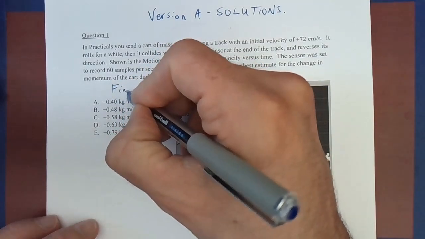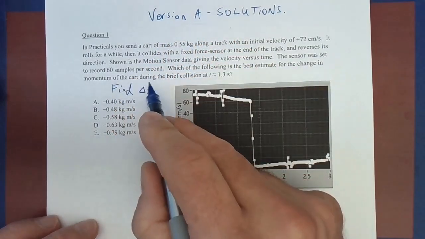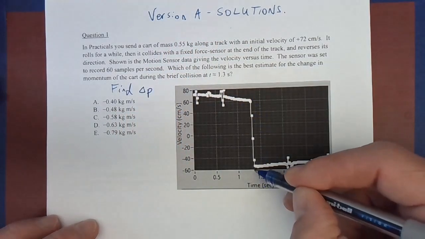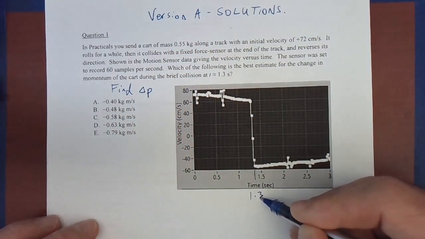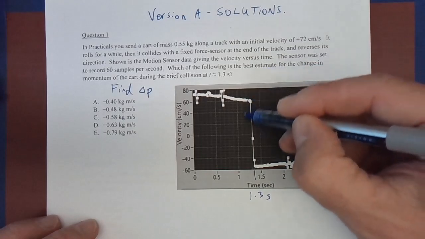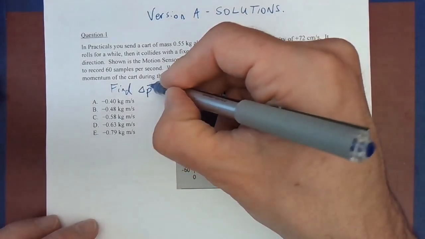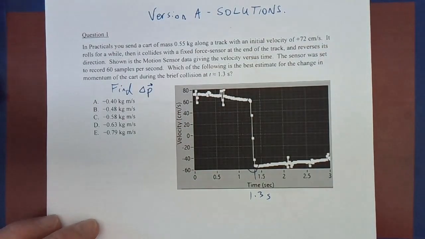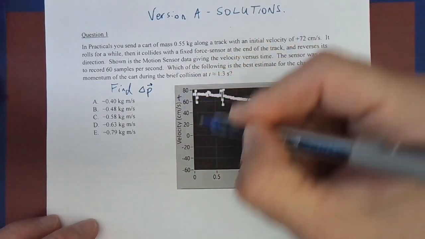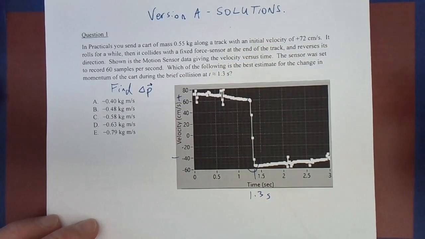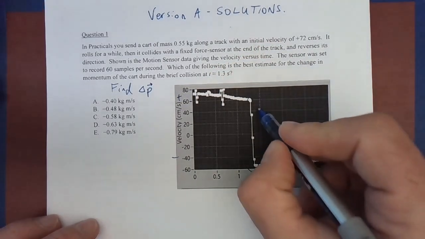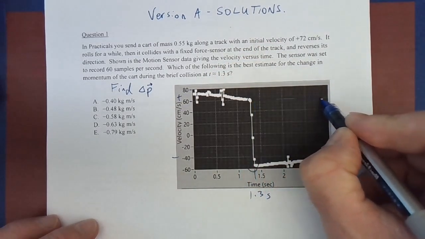So find delta P in the cart during the brief collision at t equals 1.3 seconds. So it's talking about this particular collision and trying to find delta P. And remember, P is a vector. So it starts off positive, goes to negative. Okay, so let's try to estimate here.